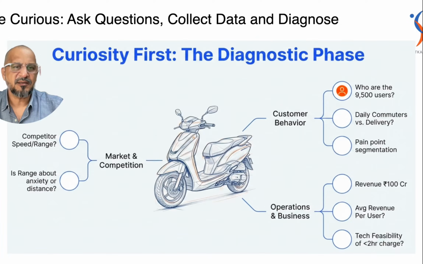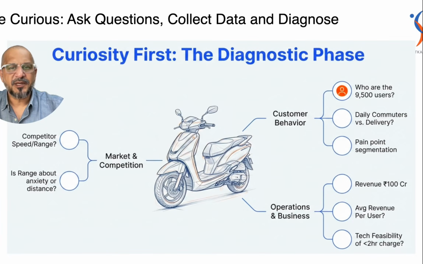Who is using my moped actually, right? Are they college kids? Are they younger generation? Are they older? What do they use this scooter for? And so on, right? So understanding the customer behavior, understanding the pain point segmentation, right? So kind of segmenting or categorizing various different pain points which have been conveyed to me already.